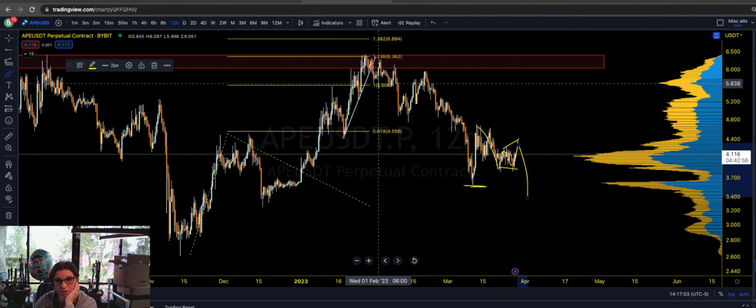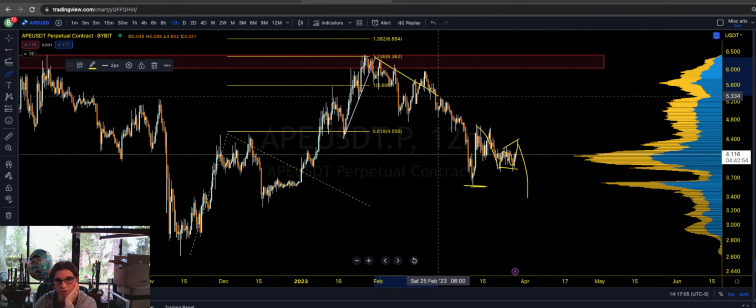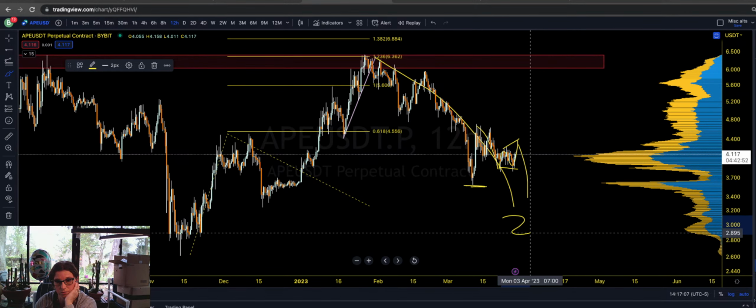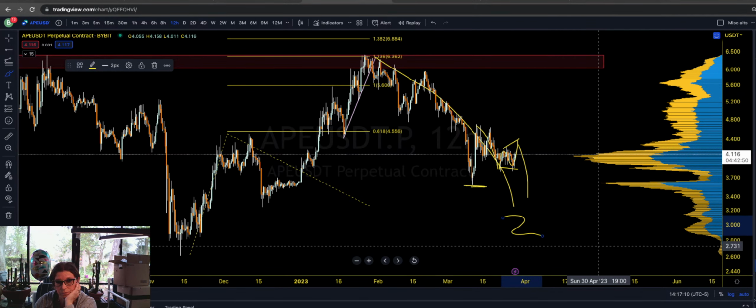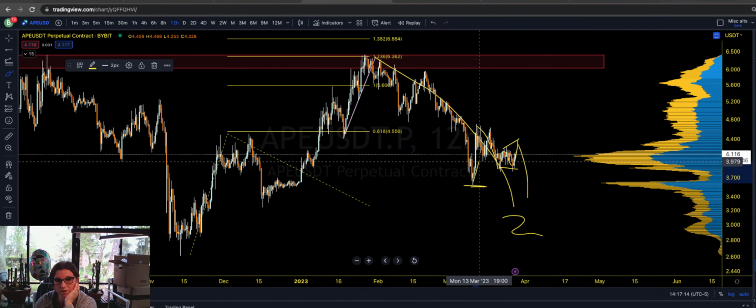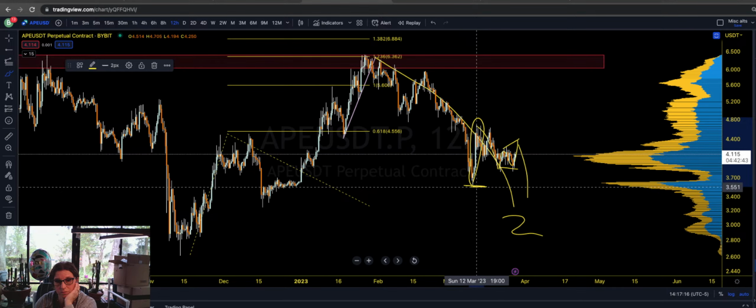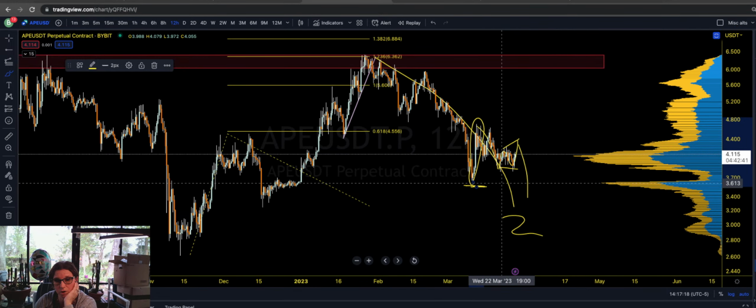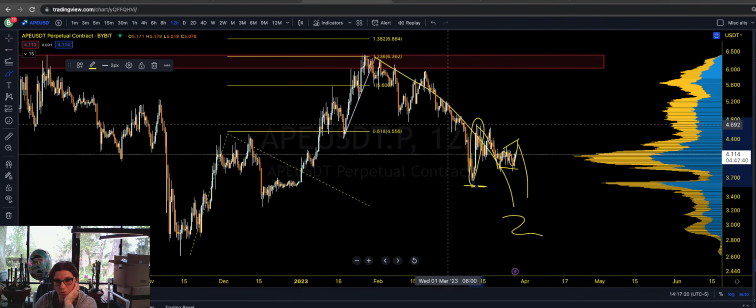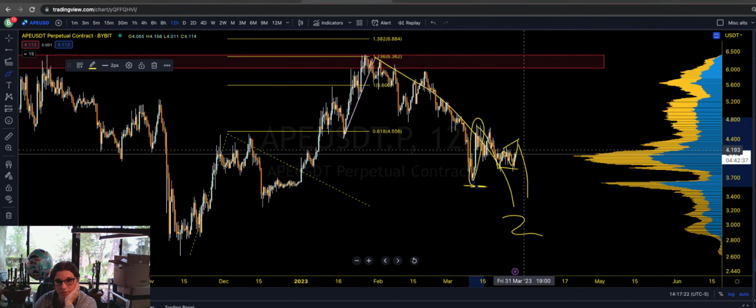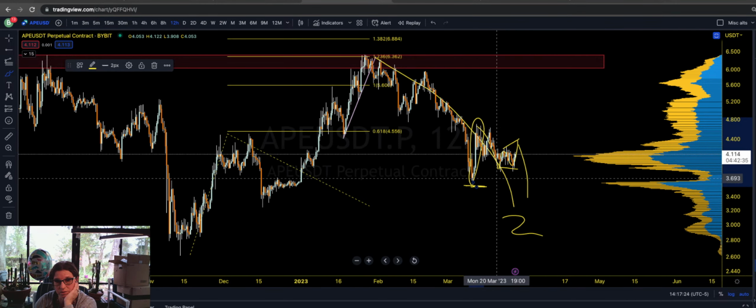Which will mean that you shift gears, and then you look at this as the pullback as a 2. But you don't want to miss the boat if this is the start of something. So right now, this is so close. If you do your risk management right, it's a low risk trade.